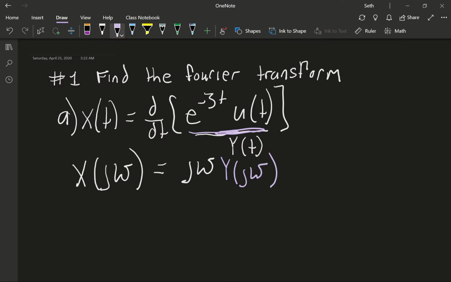Okay, so we have a tabulated transform for y, and it's just given by when we have something that looks like this.